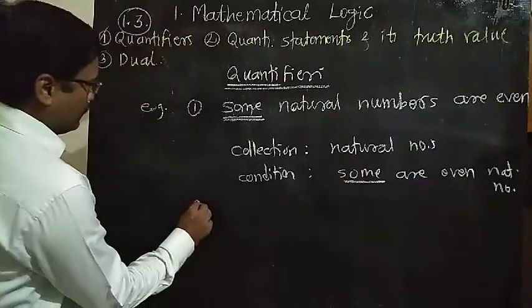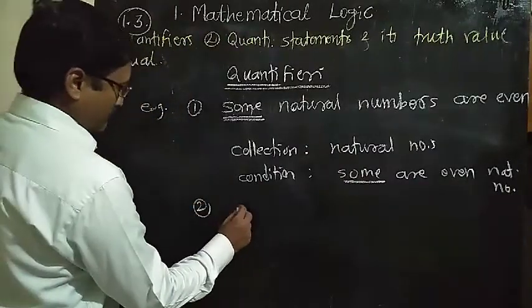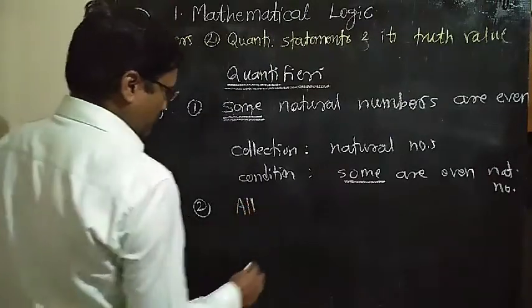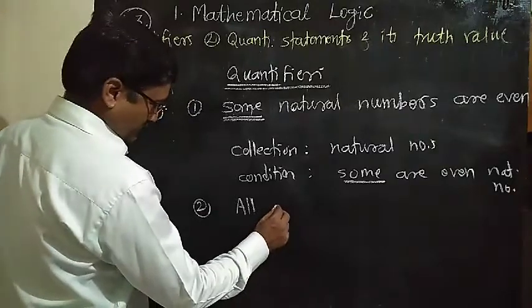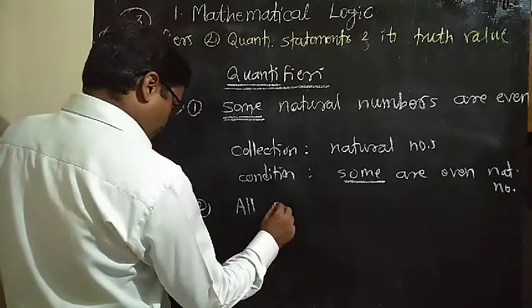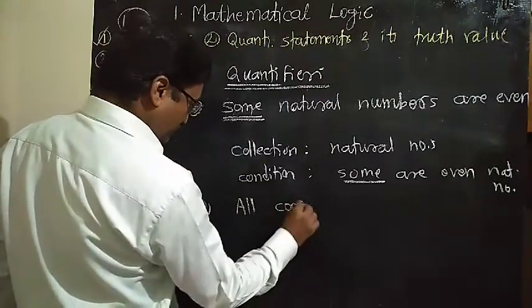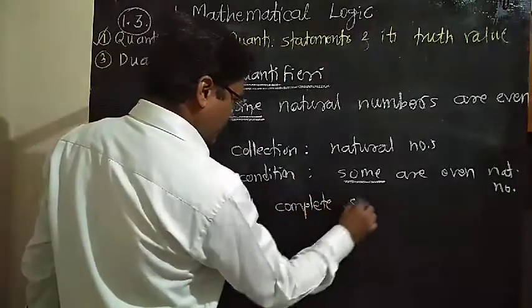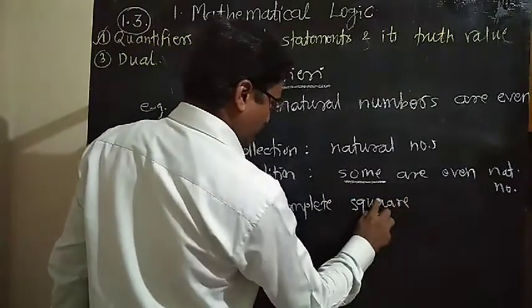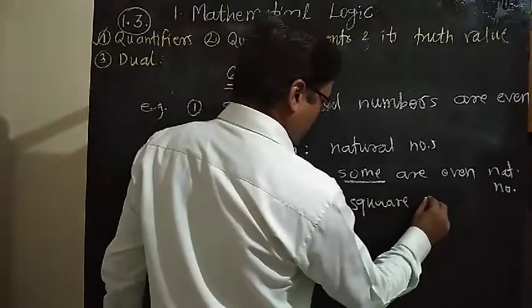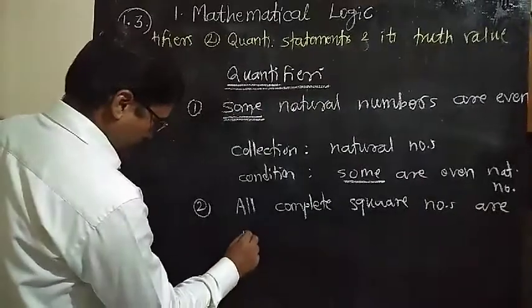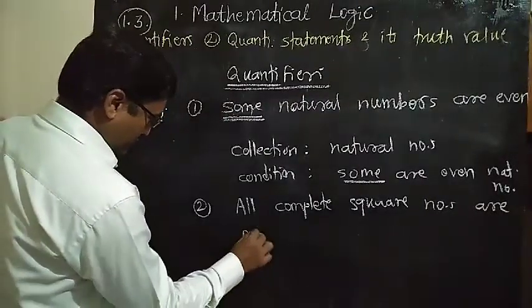Let us see another example. All complete square numbers are positive.